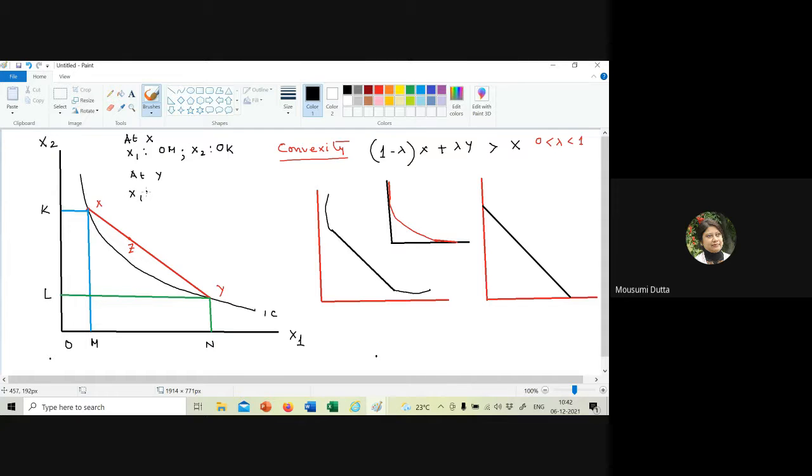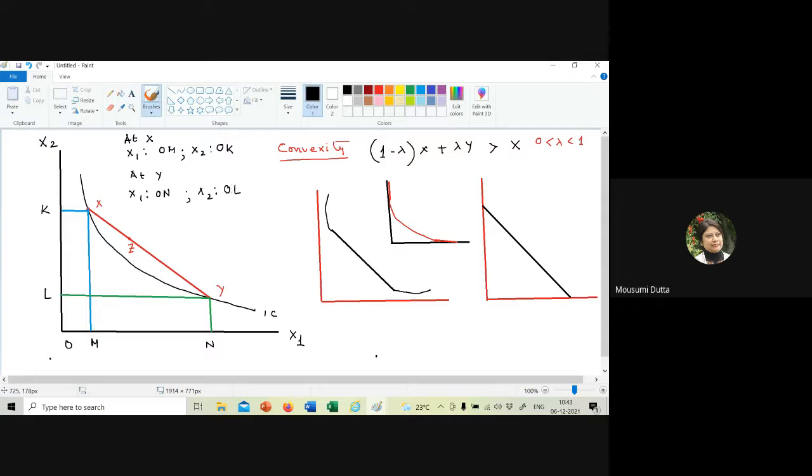Anyone else? At y, what is the amount of x1 and what is the amount of x2? ON and OL. ON, yes. And OL. Very good. So these are the amounts of x1 and x2 we are consuming at two different points x and y. However, I am on the same indifference curve.